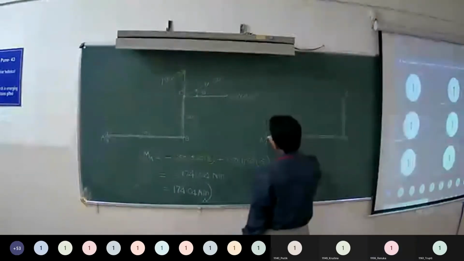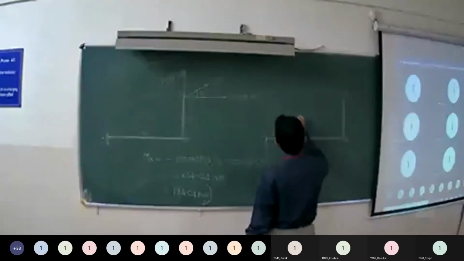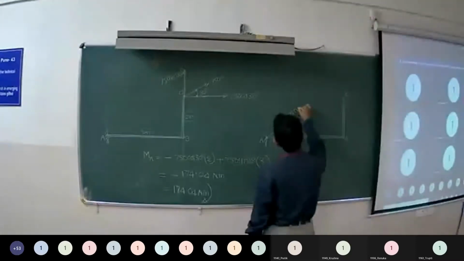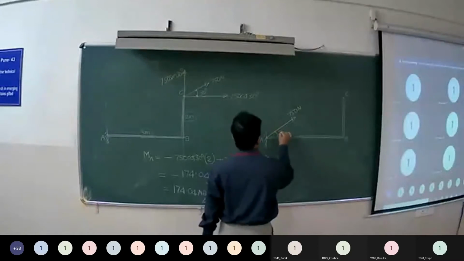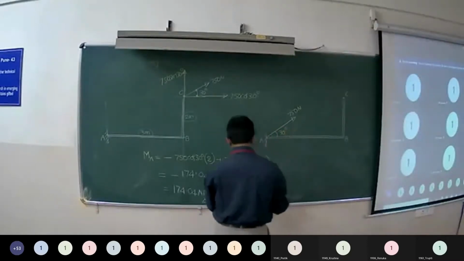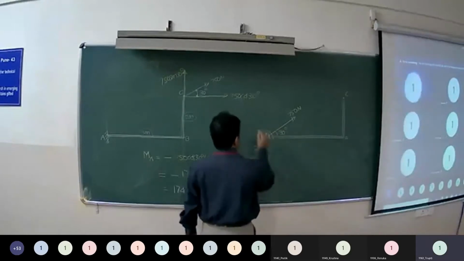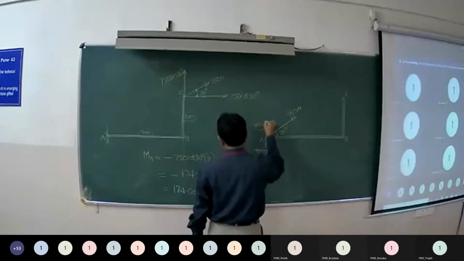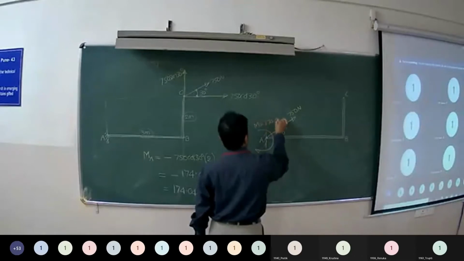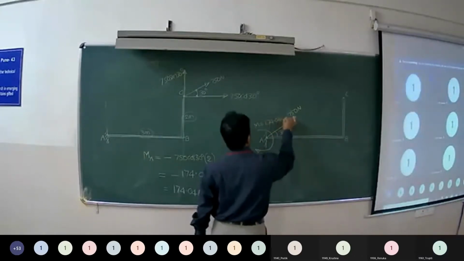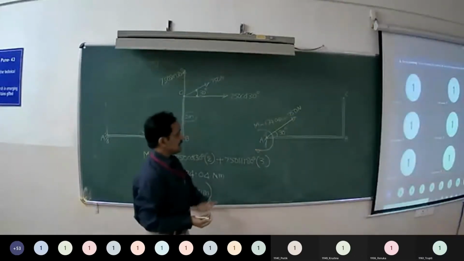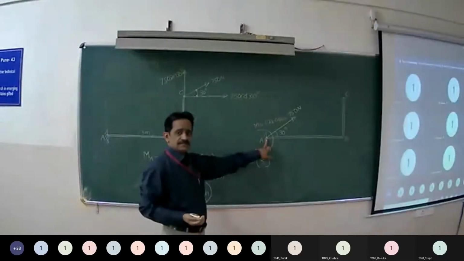At point A, force of 750 Newton acting at an angle 30 degrees with horizontal along with a clockwise couple of magnitude 174.04 Newton meter. So this is the equivalent force couple system at A.